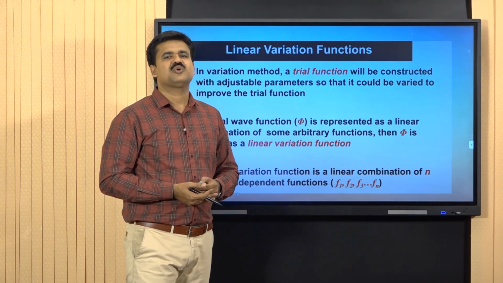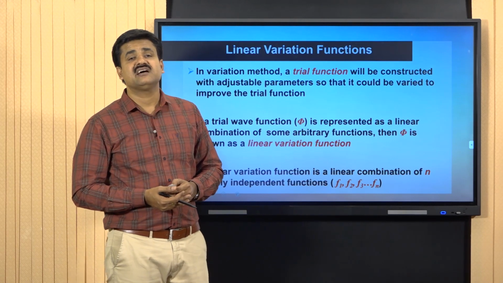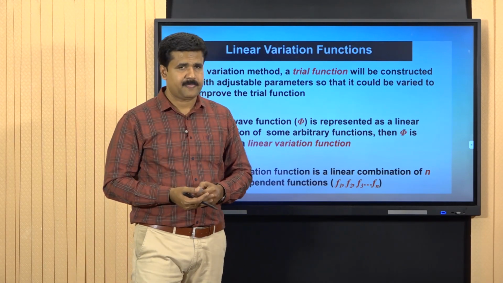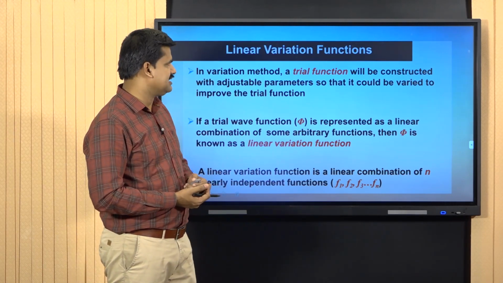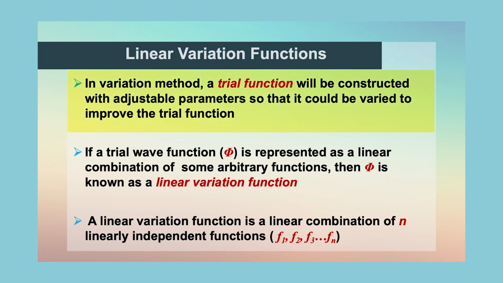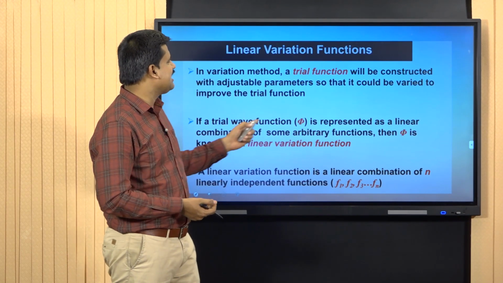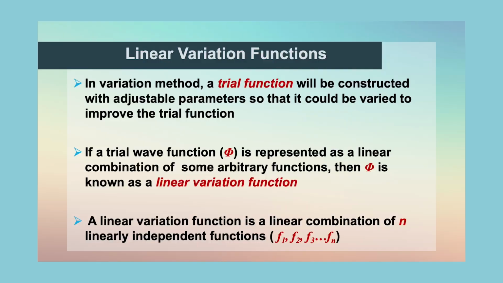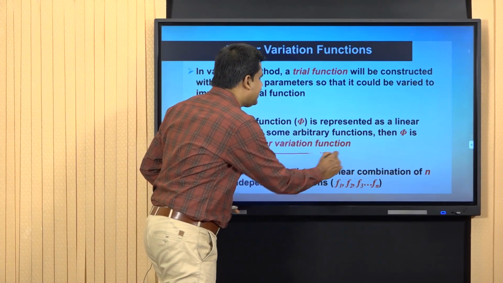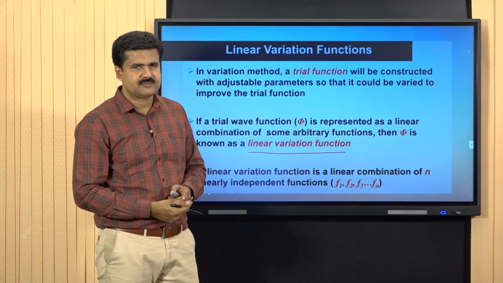Now, we are going to discuss linear variation functions. In the variation method, a trial wave function will be constructed with adjustable parameters so that it could be varied to improve the trial wave function. If a trial wave function phi is represented as a linear combination of some arbitrary functions, then phi is called a linear variation function.